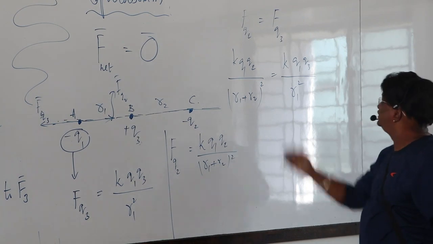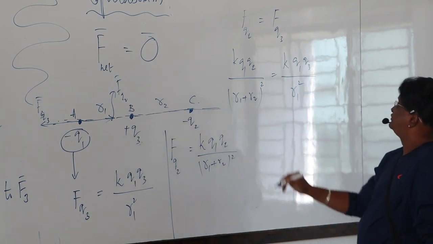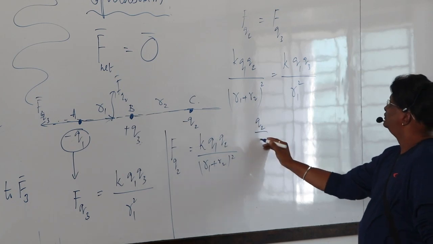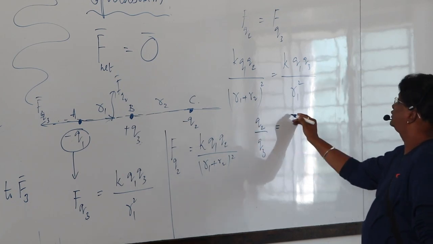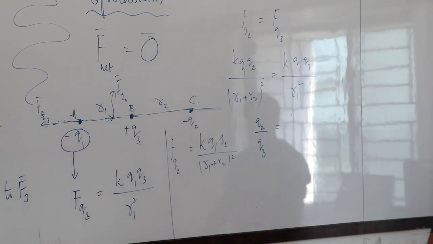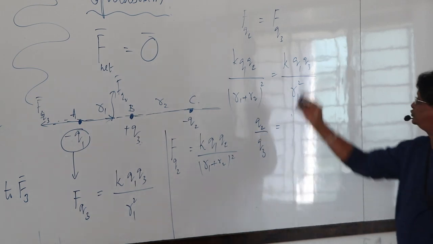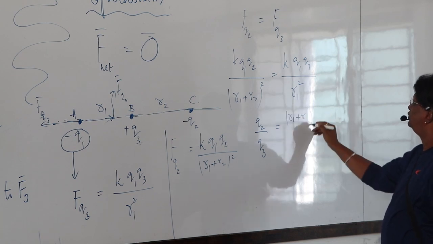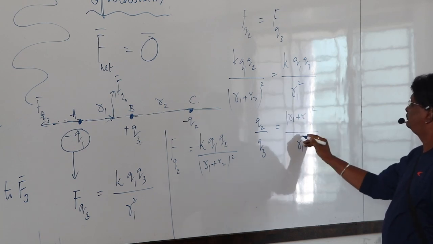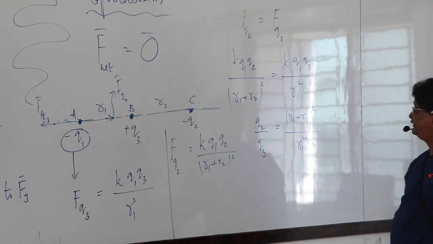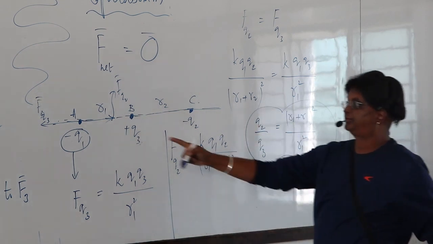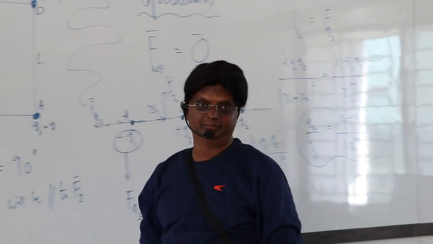After a small simplification and cancellation, you have Q2 by Q3 is equal to R1 plus R2 whole square by R1 square. This is the condition for Q1 to be in equilibrium.